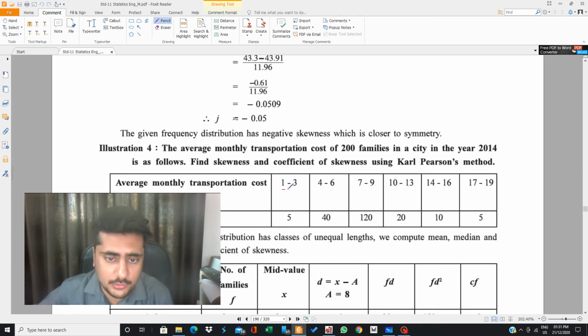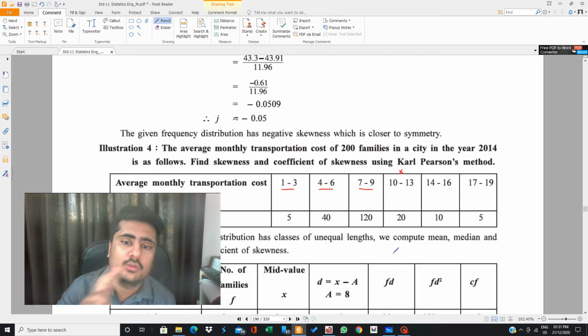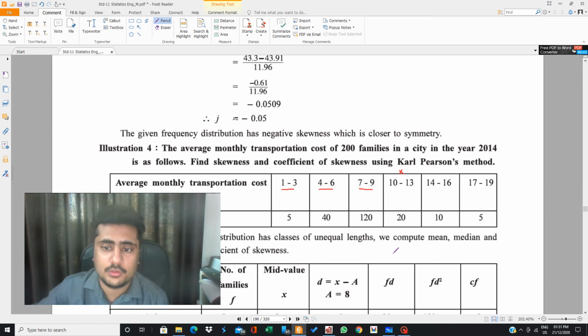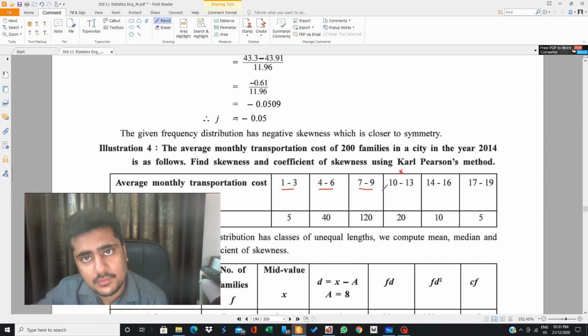See, 1 to 3 means gap of 2, 4 to 6, 7 to 9, but 10 to 13 is not the same gap as you have seen in 7 to 9. If you go with the same gap as 7 to 9, then it should be 10 to 12. You got my point? 1 to 3, 4 to 6, 7 to 9 are in sequence. Next should be 10 to 12, but it's 10 to 13. So this is not in the sequence. Again, it is 14 to 16, 17 to 19.